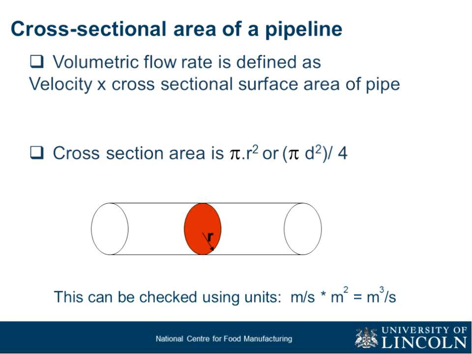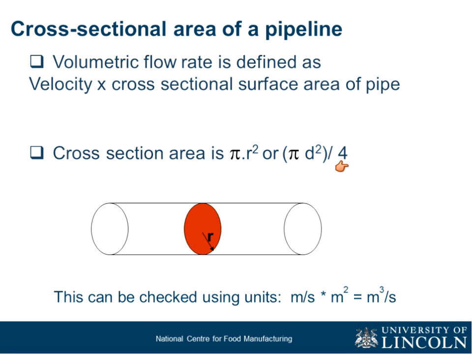So volumetric flow rate is therefore defined as velocity multiplied by the cross-sectional area of the pipe. Now, for cross-sectional area, Yabrina, you mentioned earlier that in the material we have pi r square, and I was using pi d square over 4.